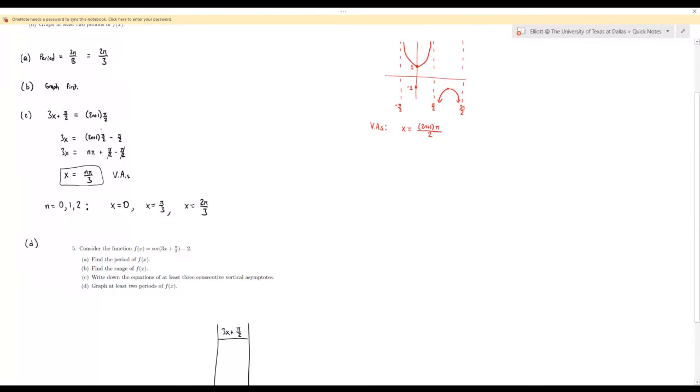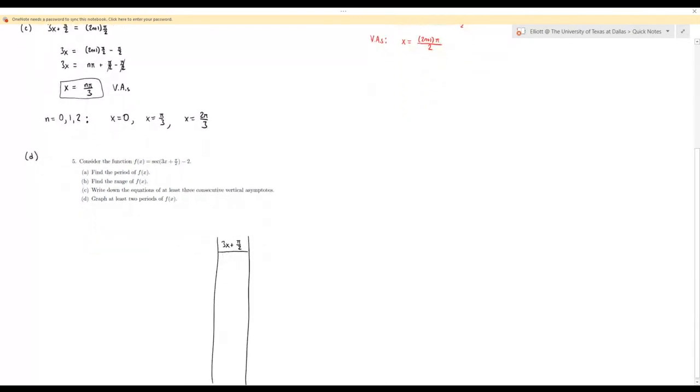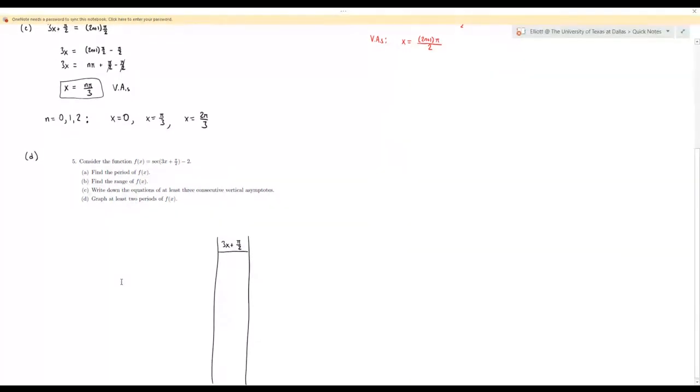So when you distribute pi over 2 to the 2n, the 2's cancel, which left us with n pi. And then when you distribute pi over 2 to the 1, it gives you the plus pi over 2 that I had here. Does that answer the question? Okay, cool.